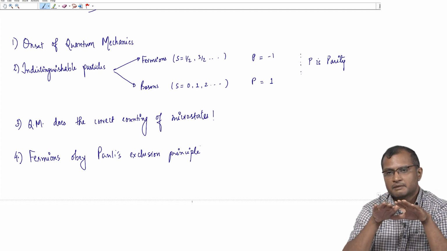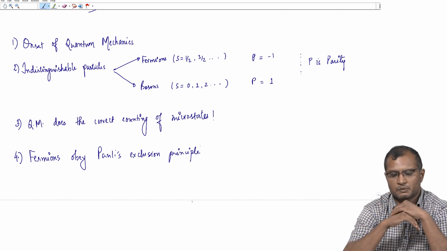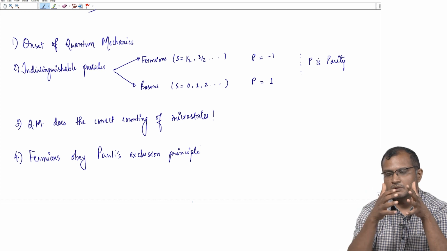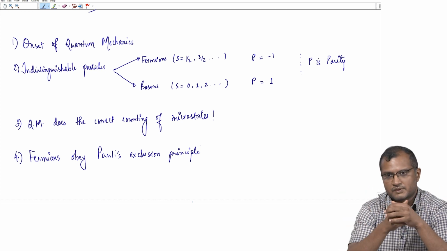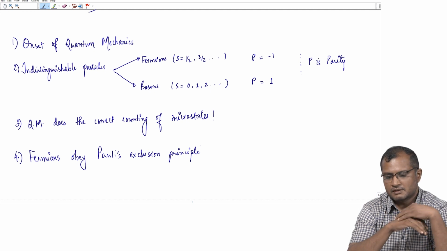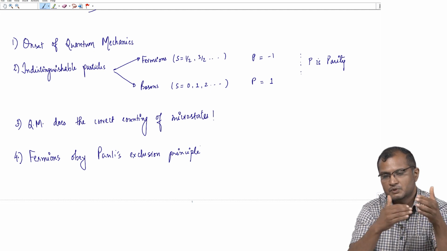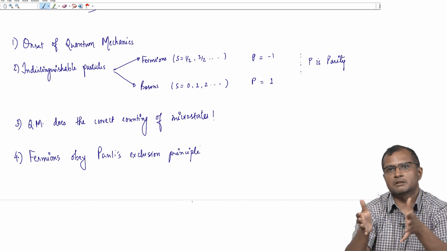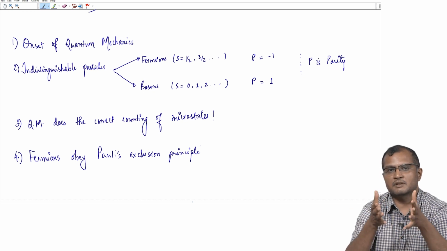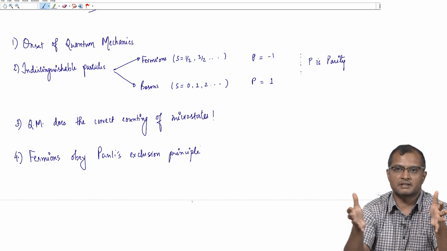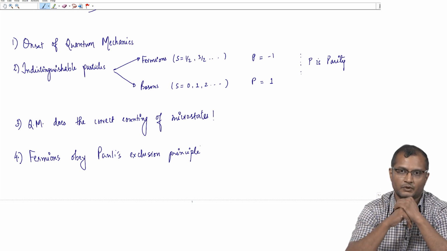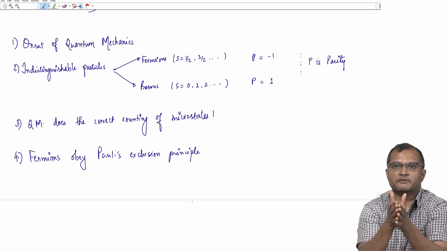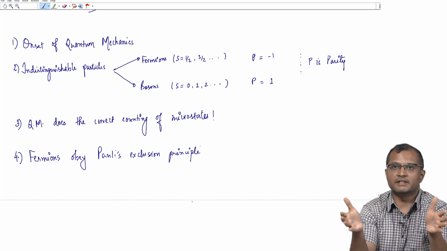Then once we present a case for quantum mechanics, we must allow for a discussion on various types of particles, which are the fermions and bosons. We will discover that these two types of particles are nothing but the consequences of your overall wave function being symmetric or antisymmetric in terms of a parity operator. Okay. That is why we call them fermions and bosons. It is just a definition.